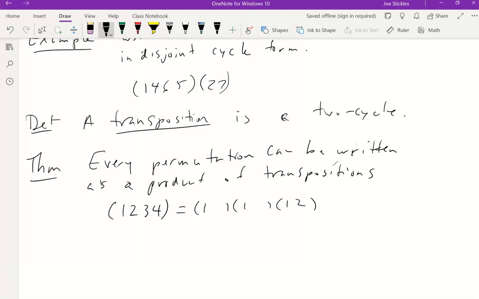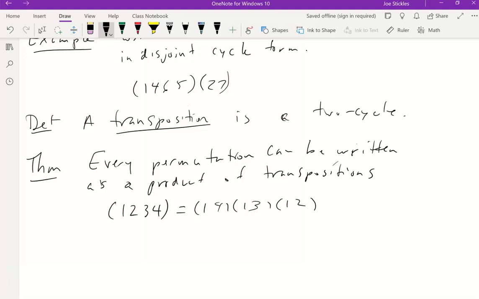Where does 2 get mapped to? 3. Well, 2 right now gets mapped to 1. So where do you think I better map this 1? 3? And then can you guess what the other blank might be? 4, yeah. And you can do this for any cycle. I can always do this for any cycle no matter what.